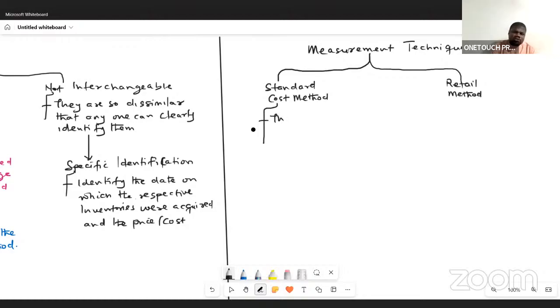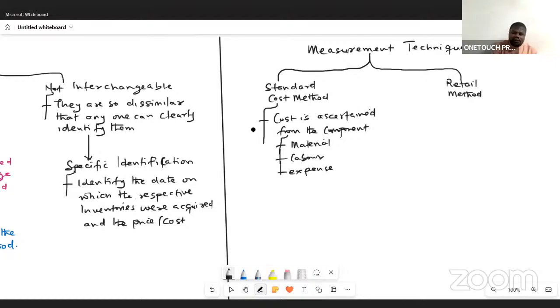That is, the cost is ascertained from the respective components, that is material, labor, and then expense.